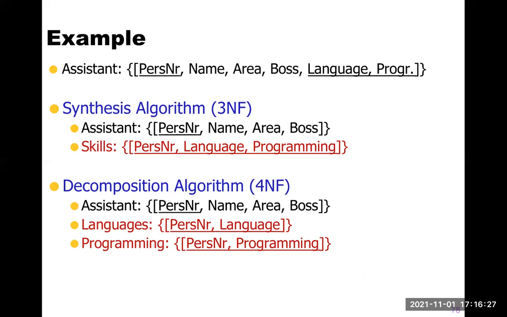We don't want persons who know Java and the Latin language. So not all the combinations are possible. So there's no multi-value dependency, and the skill table needs to contain only allowed combinations. And we can't decompose it, as we'll lose this knowledge if we decompose it.